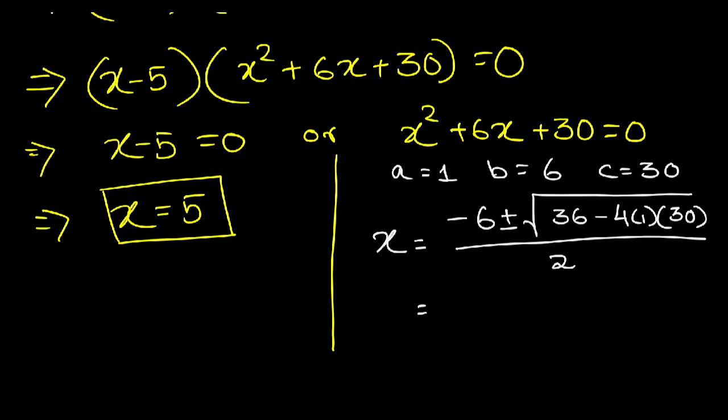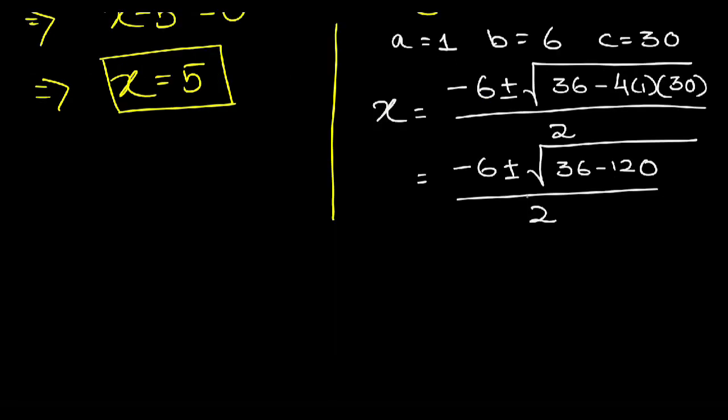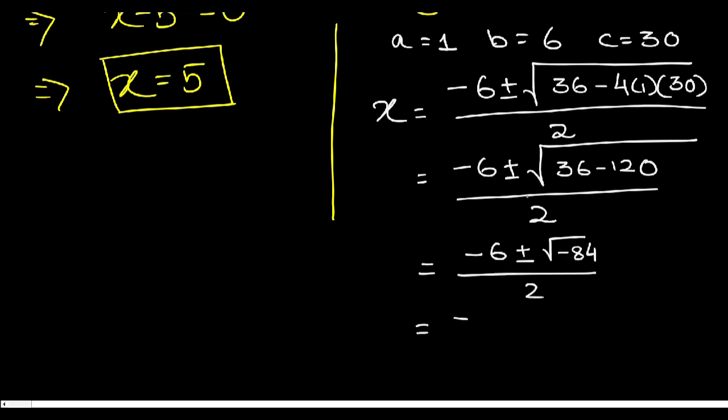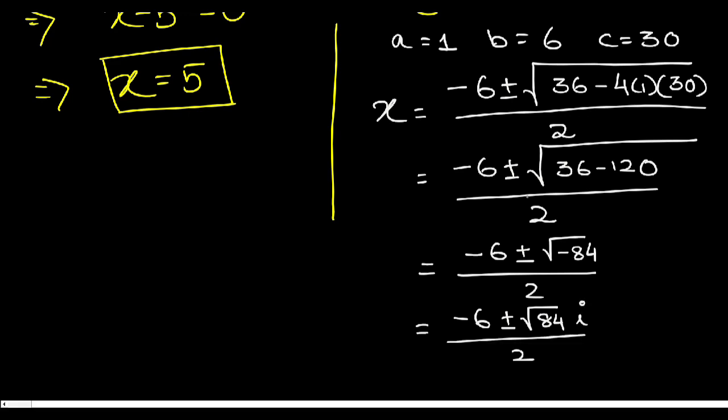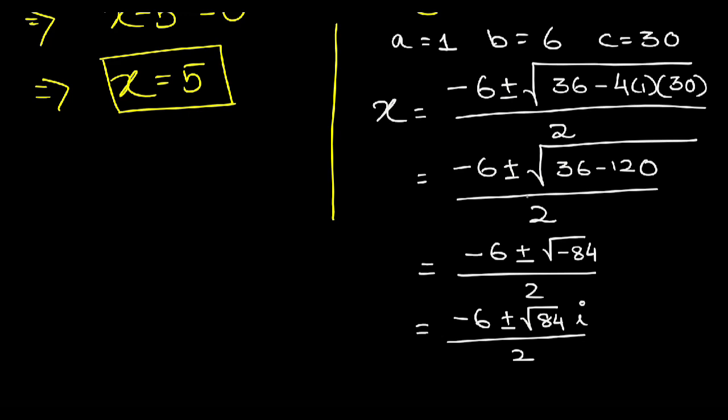Then we can write it as minus 6 plus minus square root of 36 minus 120 divided by 2. Hence we can write this as minus 6 plus minus square root of minus 84 divided by 2, and then we can write this as minus 6 plus minus square root of 84 and square root of minus 1 is i divided by 2. Hence this is another solution and the answers are in complex numbers.